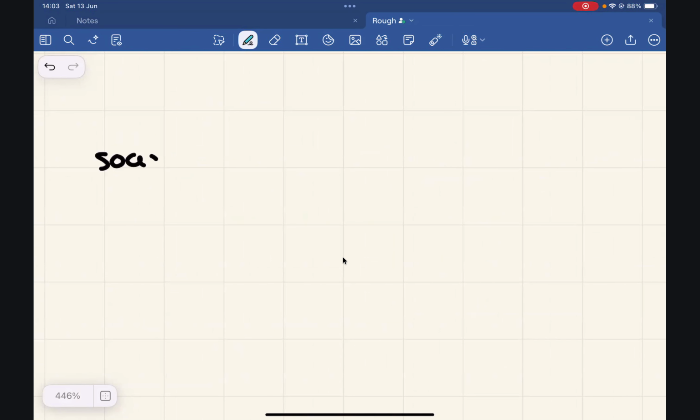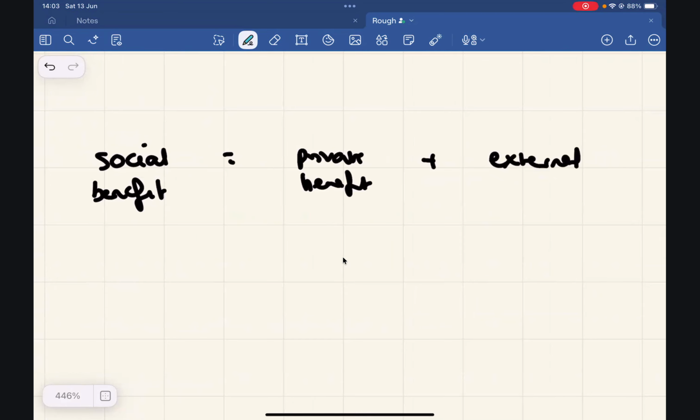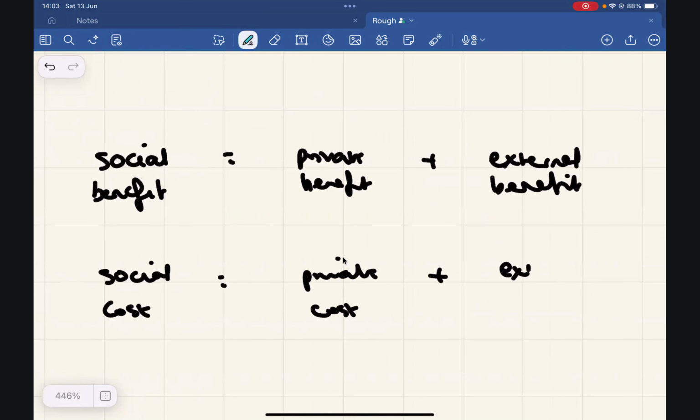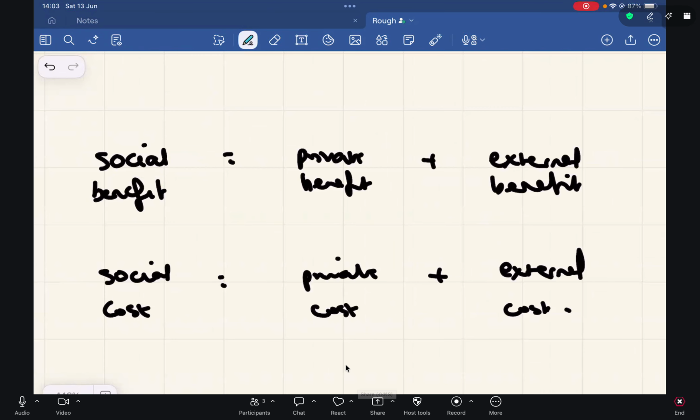Social benefit equals private benefit plus external benefit, or social cost equals private cost plus external cost. In this case, we're talking about the first equation.